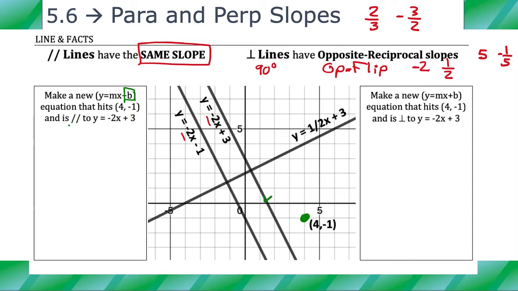If you're parallel, that means you have the same slope. So our slope is going to be negative 2. I already know my answer is going to be y equals negative 2x, and then I don't know what my new y-intercept is. You could use the slope and backtrack to find the y-intercept.